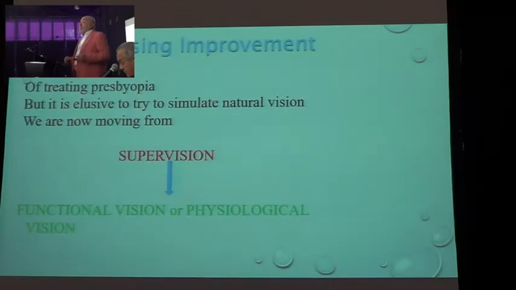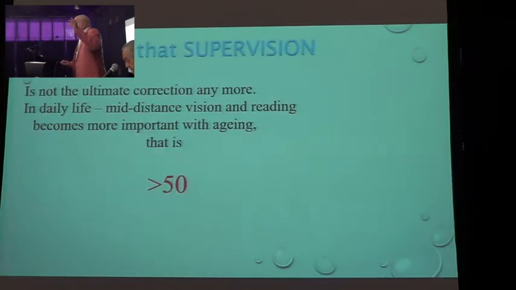So we've made impressive improvement in our refractive surgery. Around 2007-2008, we thought that by the year 2010 we would have 20/20 vision, that is to say supervision. But there is a but.